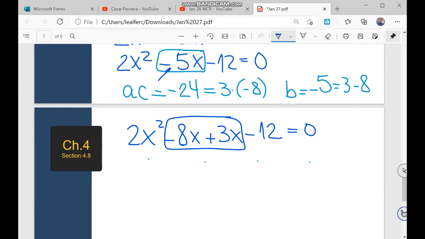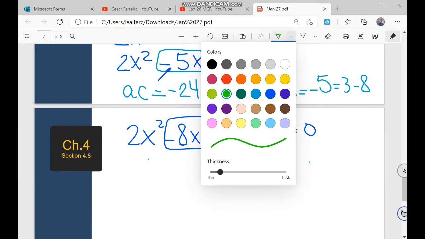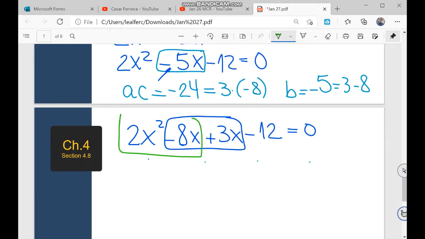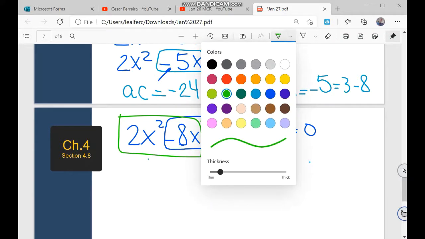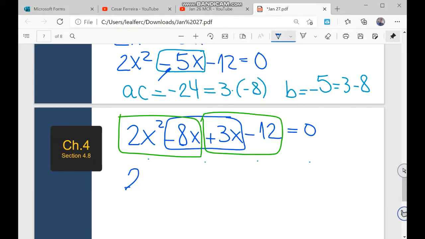Now, factoring by grouping. Group in pairs. Have 2 pairs, and then you can write the first pair. If we factor out 2x, you can write it as 2x times x minus 4.